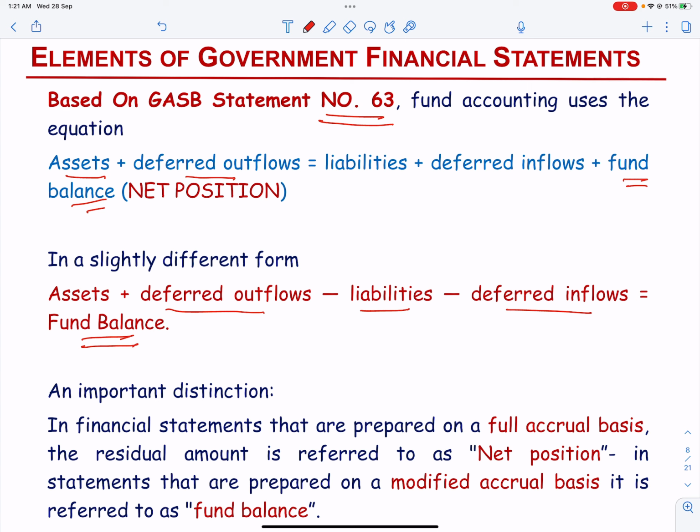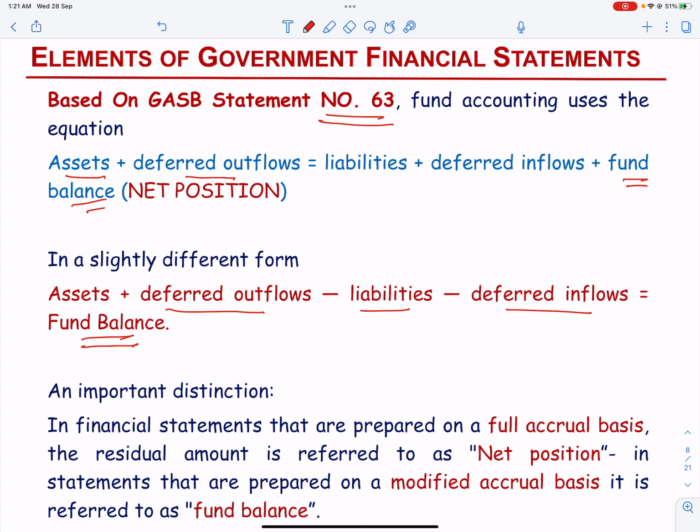If you have gone through my previous videos on governmental accounting, by this time you may be knowing that the governments prepare two sets of financial statements, one on the basis of accrual basis and other on the basis of modified accrual basis.